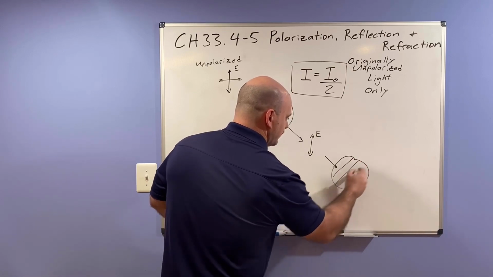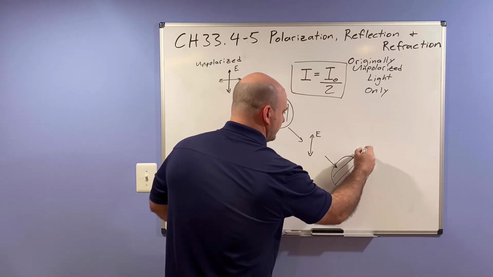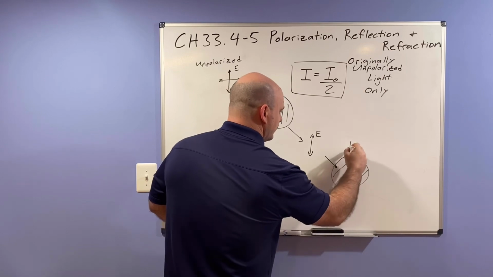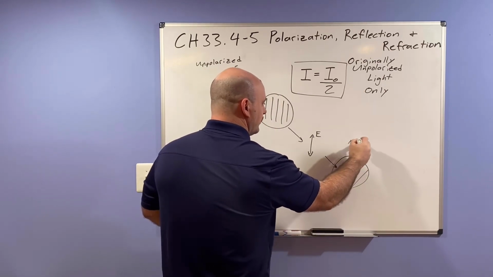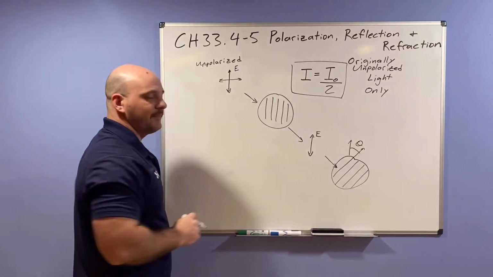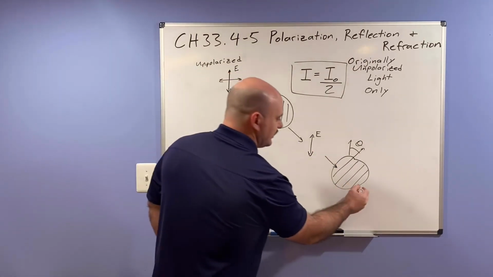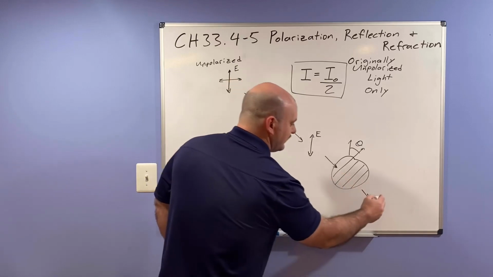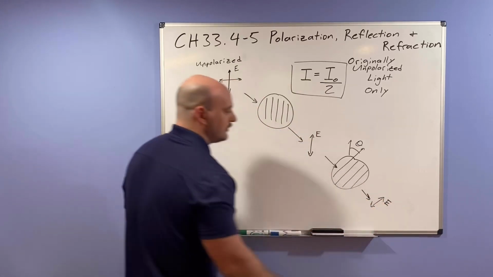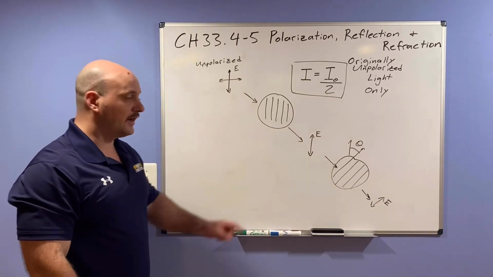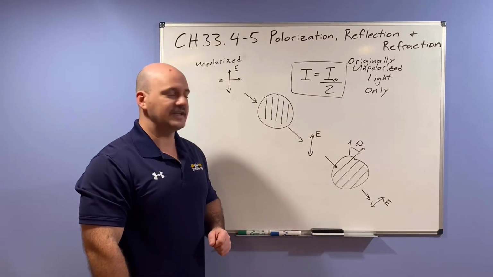The angle between the vertical and the polarizing direction is some angle theta. The light that passes through this sheet, again, will be oriented in the direction of the polarizing sheet itself. But it will also have lost some of its intensity.